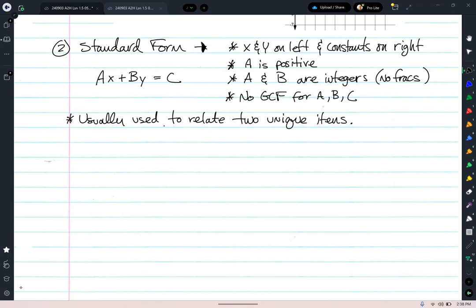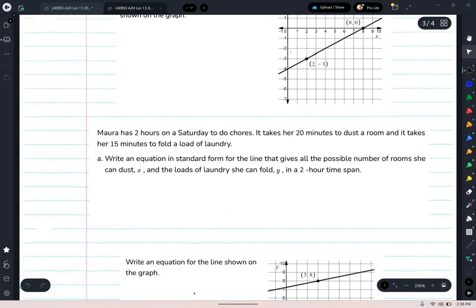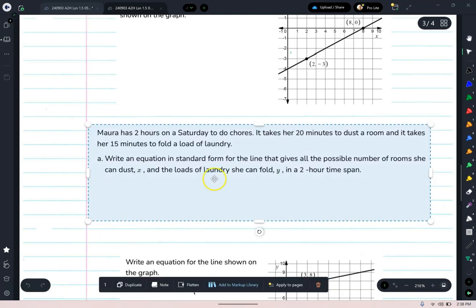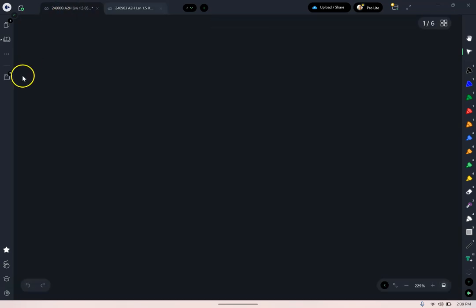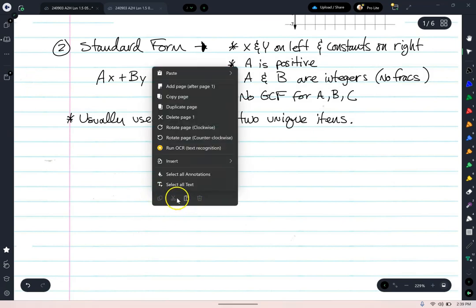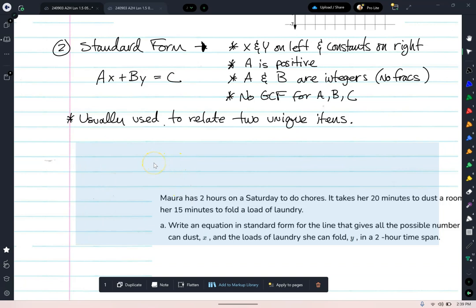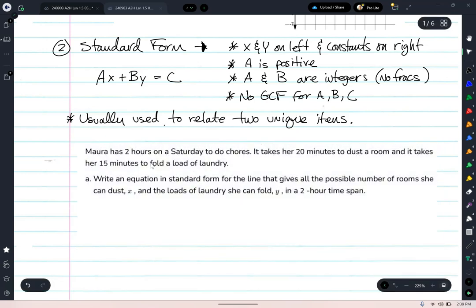Okay, so let's get our second paste-up here. So the second paste-up that we're going to do is this one that says Mora has 2 hours. So we're going to grab this one, and then we're going to paste that one right down in here where we're relating these two unique items.